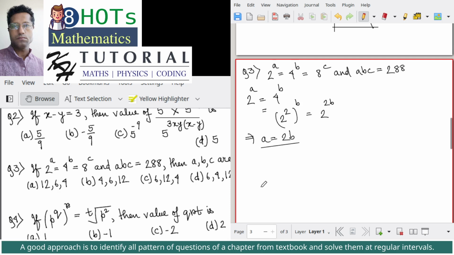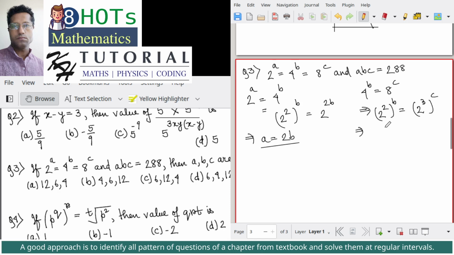Now let's see what we get from 4 to the power b is equal to 8 to the power c. Let's express both the LHS and RHS as a power of 2. 4 to the power b is (2 square) whole raised to the power b, and 8 is 2 cube, so 8 to the power c is (2 cube) whole raised to the power c.